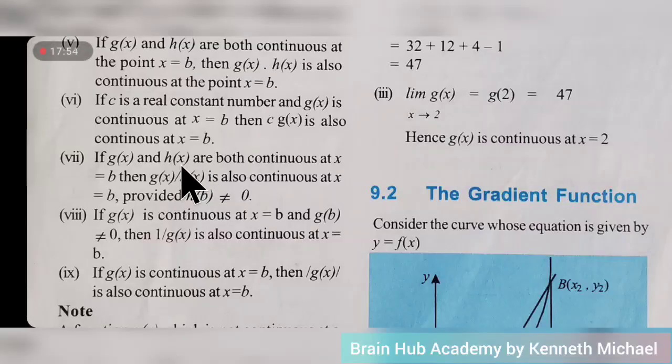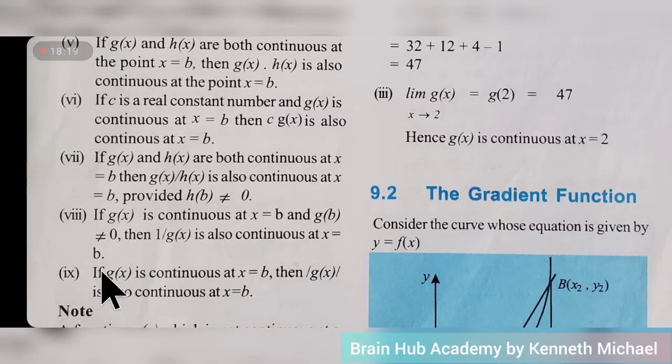So this is also true for division if and only if the denominator, which is h of b, is not equal to 0. Now if g of x is continuous at x equals b and g of b is not equal to 0, then 1 over g of x is also continuous at x equals b. So that is the reciprocal of it.